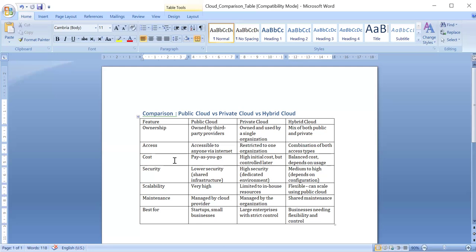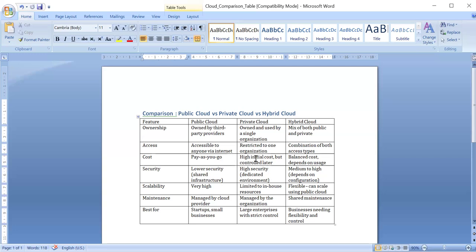Next is about cost. Public cloud is pay as you go. It means you pay only for what you use, like renting, with no need to buy the hardware. Whatever you use, you pay for that. That's why it is called pay as you go. Private cloud is expensive initially because you have to buy the servers.